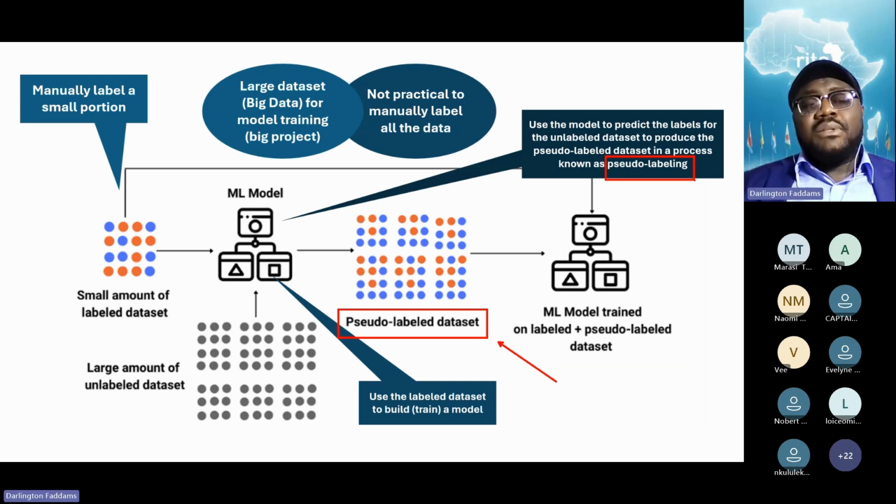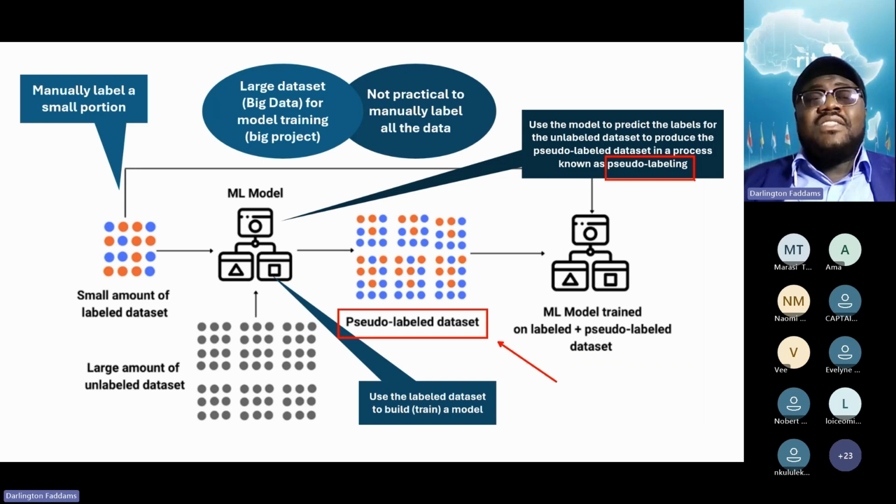Now, when we say label, we are talking about the data having both input and output, or both features and targets. In our previous lessons, we've established what features and targets are. The unlabeled data doesn't have targets, it has only features. It doesn't have answers, it has only questions. So we will feed those questions to our model that we have trained, and our model will give us answers.